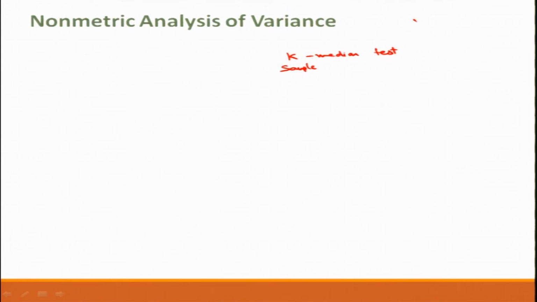In this case, y or the dependent variable is ordinal, so it is non-metric. These kinds of tests are out of the scope of this course, but we can provide notes to you for this.